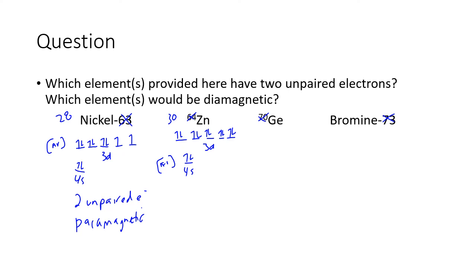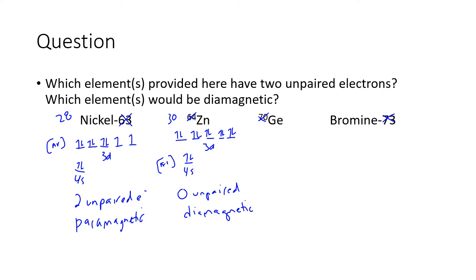So that would be 4s2 3d10. And in this case, none of the electrons are unpaired, so that's not an answer to the first part. But since all of the electrons are paired, this would be a diamagnetic atom.